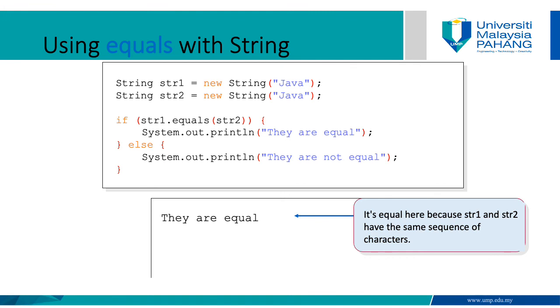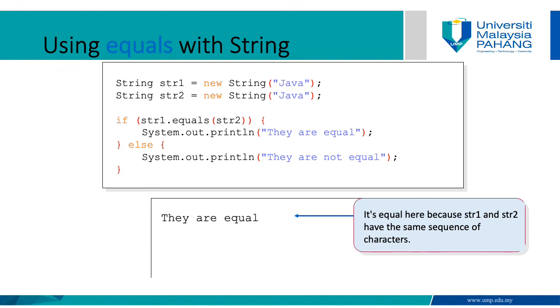We are trying to compare whether these two string objects have the same sequence of characters. So we use the equals method. Here we have string str1 assigned Java, and then string str2 new String Java.